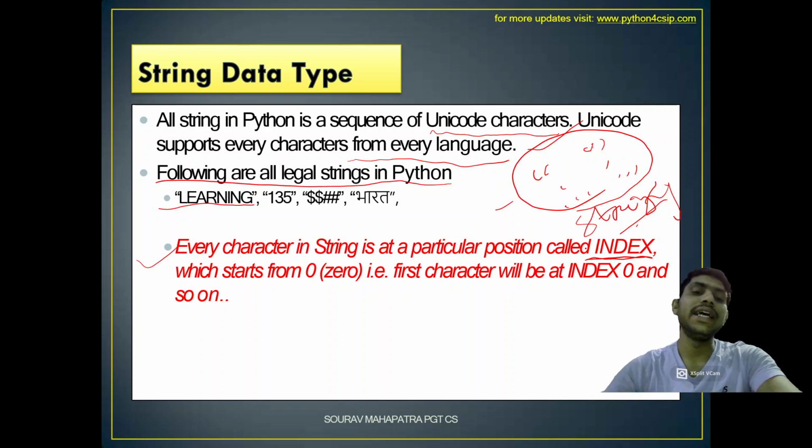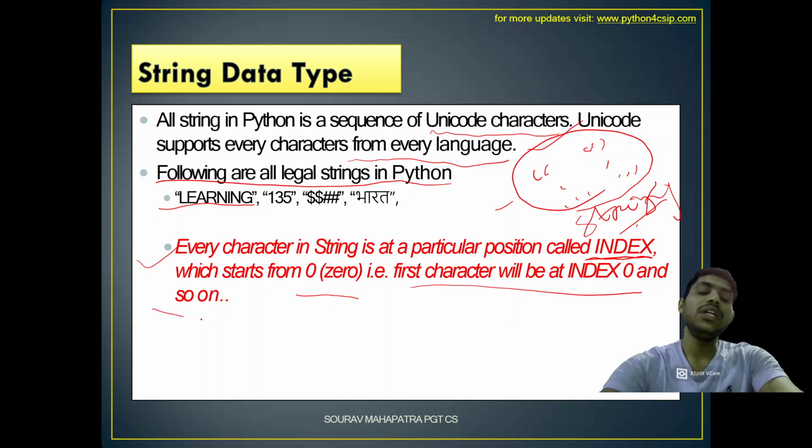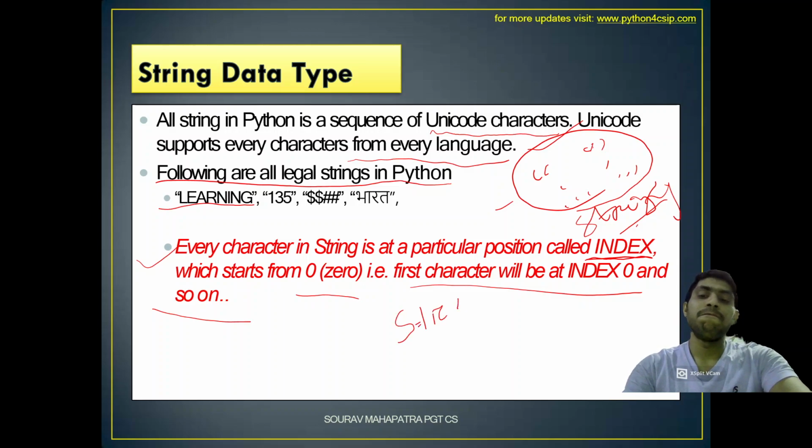Every character in a string is at a particular position, that is called index. Position is called index, which starts from 0. First character will be index 0 and so on, like this. Okay. So suppose you take string1 equal to Python program.